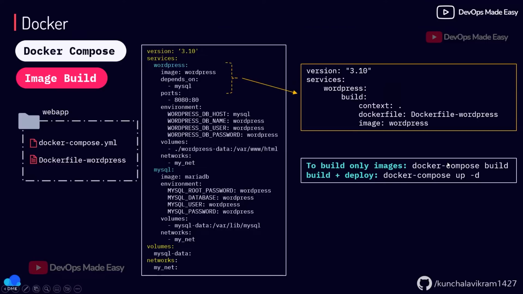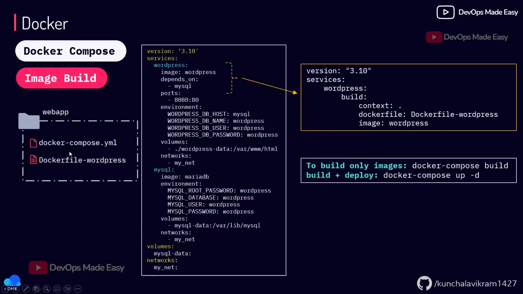Here, Vikram, the context will take, if I have source files or any other external files, the whole directory will be taken as the context, right? Yeah, that's what we discussed. Context means the current folder. Ideally, you said we should not pass the whole context, only the required files, to speed up the building process, so you'll use .dockerignore to ignore files.